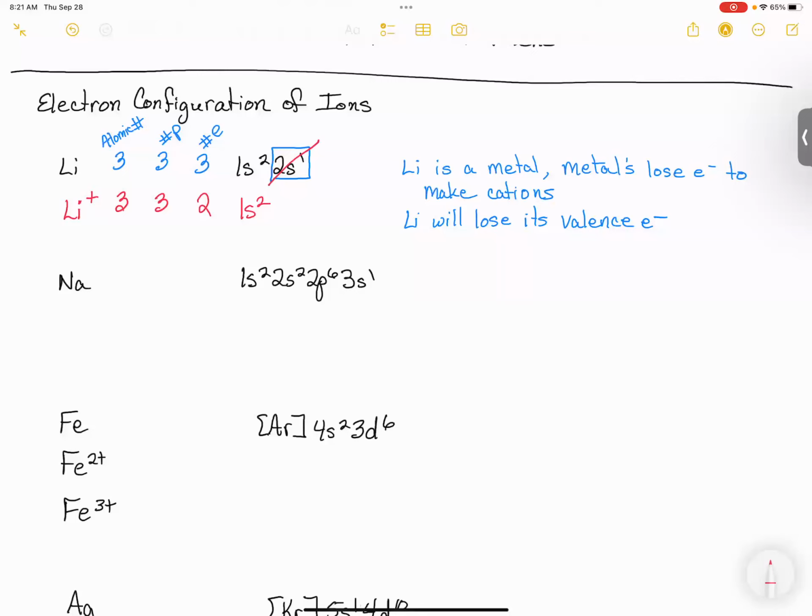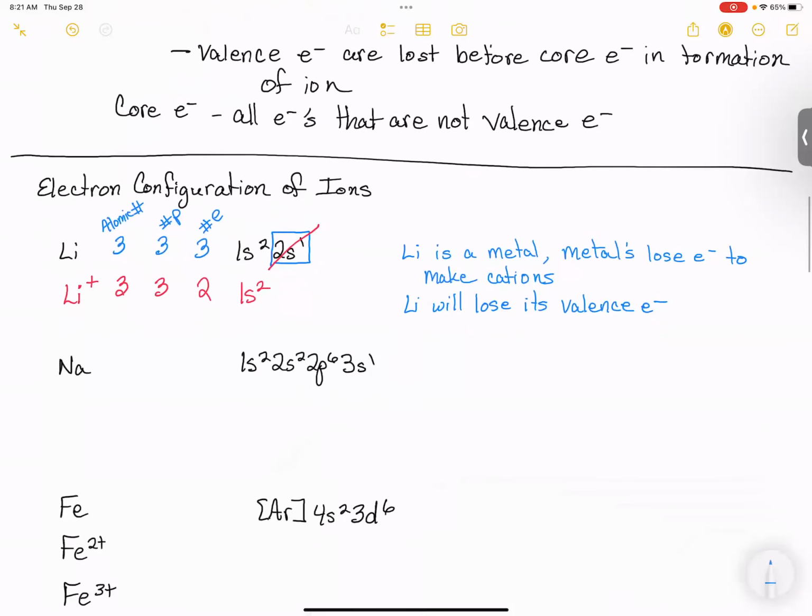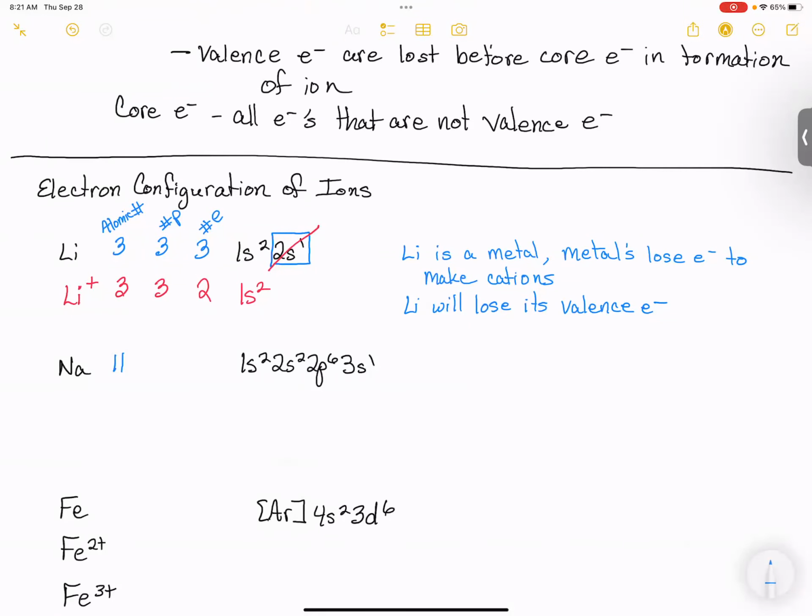Let's talk sodium to give a second example. Sodium is element number 11 on the periodic table. So its atomic number is 11. It'll have 11 protons and it'll have 11 electrons. That is why its electron configuration is 1s2, 2s2, 2p6, 3s2. I mean, excuse me, 3s1.